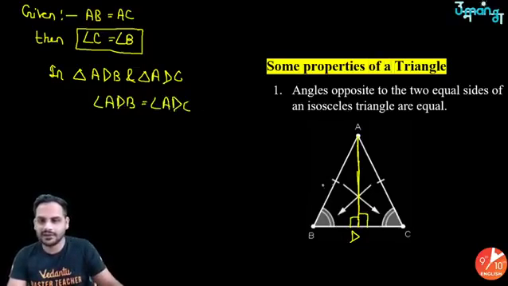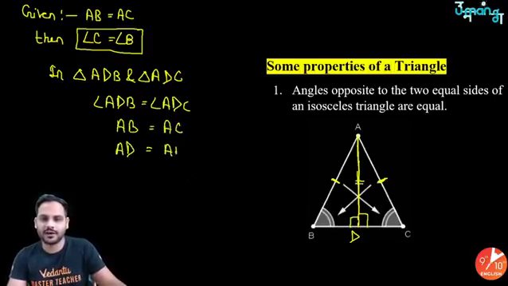Then it is given that AB is equal to AC, so the hypotenuses are equal. And AD is equal to AD because it is the common side, right? So which criteria have I used? I have used the right angle hypotenuse side rule.